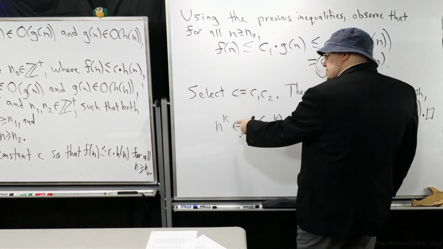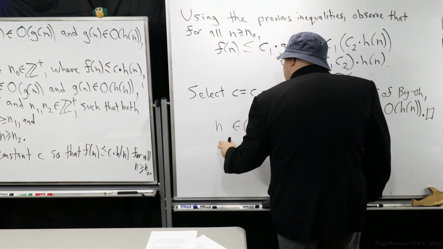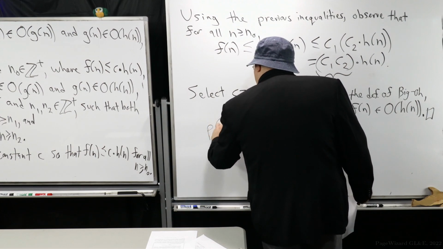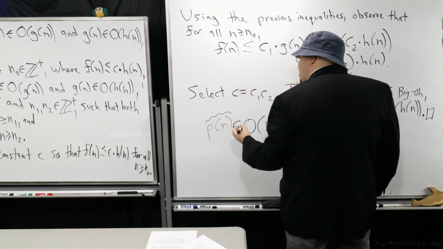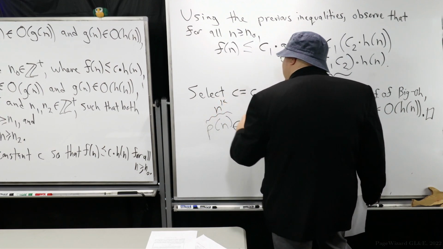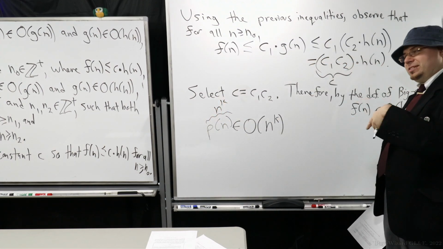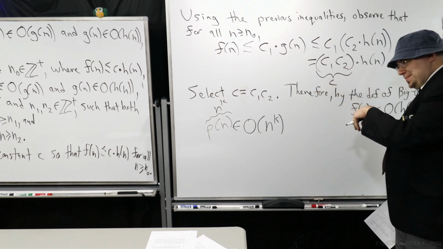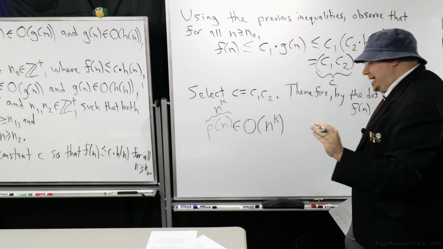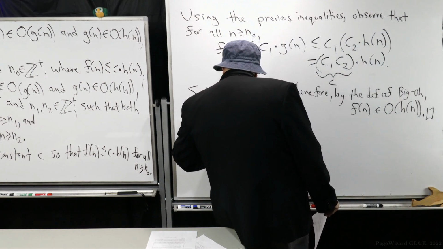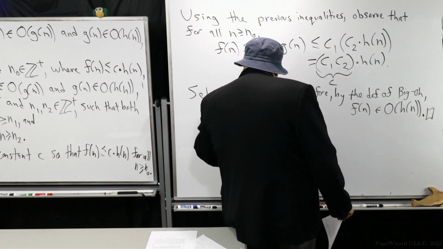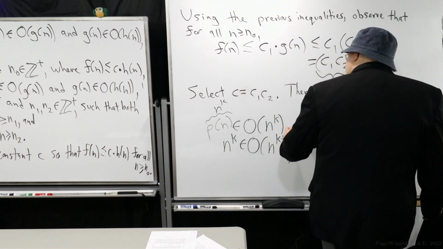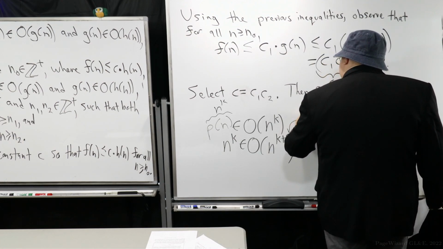In fact, I showed you that if you had a polynomial whose most dominant term was n to the k, with a coefficient, plus n to the k minus 1 times a coefficient and so on, we showed that this is true. In the session just before this one, I showed you that n to the k is big O of n to the k plus epsilon, where epsilon is a positive real constant.